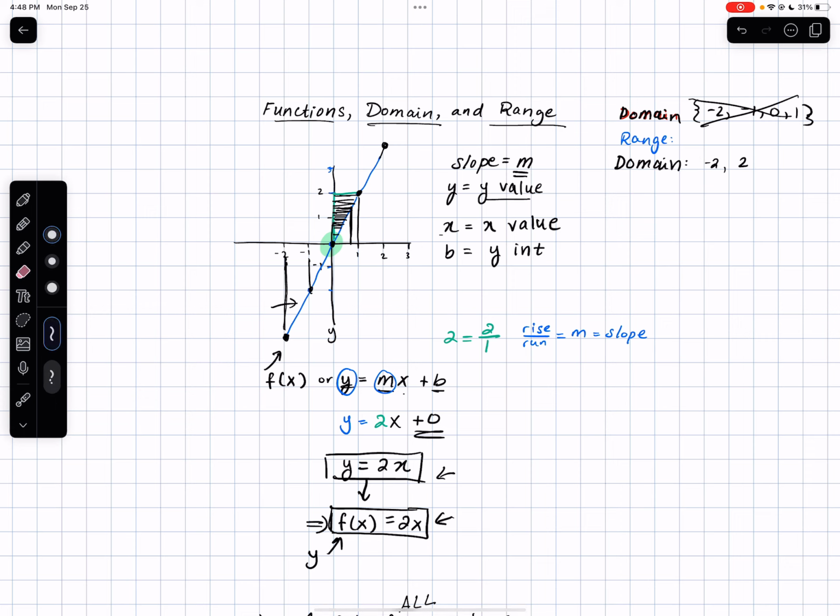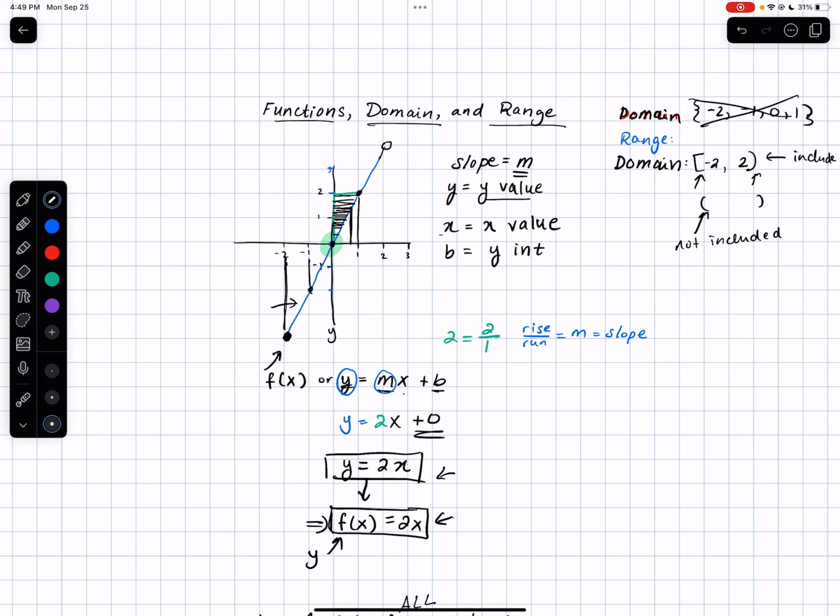Why am I using this bracket instead of these parentheses? The parenthesis means not included, whereas the bracket means included. So -2 is included in our set because there are closed circles. But if there's an open circle, then there would be a parenthesis instead.